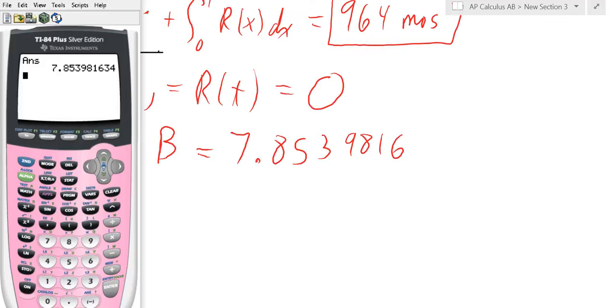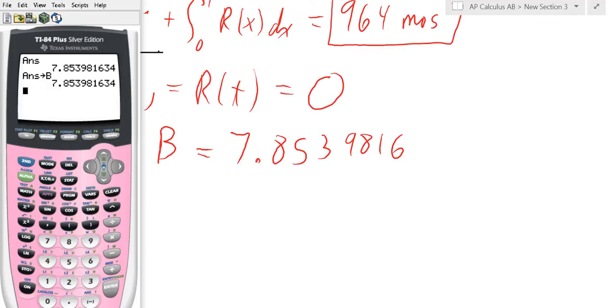I'm calling it B. So right after you find the intersection, the x value, you hit store, which is right above on, and you hit alpha B. That's just going to store that number as the letter B. So anytime I want to call that number up, I'm going to just put B in my calculator and it's going to do it for me. Everybody good? But it has to be right after you find it, otherwise it'll use a different answer.